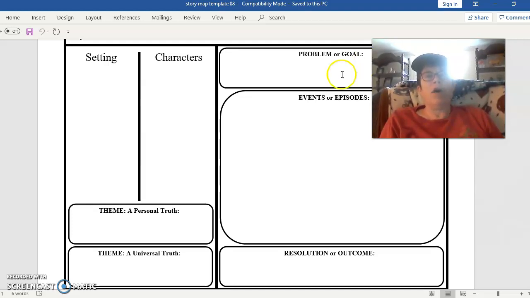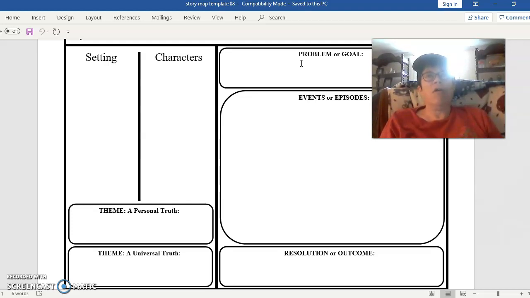But if we make our problem up here, if we would type in the Nazis were rounding up the Jews, and then we make our solution that Ellen got safely to Sweden, the solution does not solve the problem of the Nazis rounding up the Jews. Students have a very hard time with that.